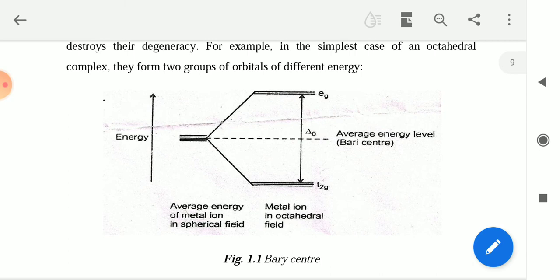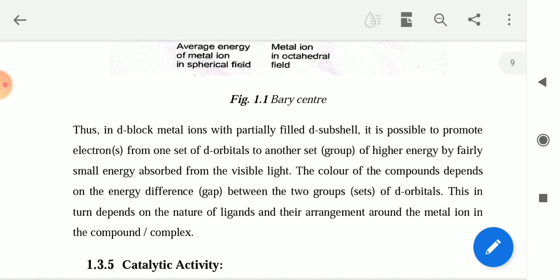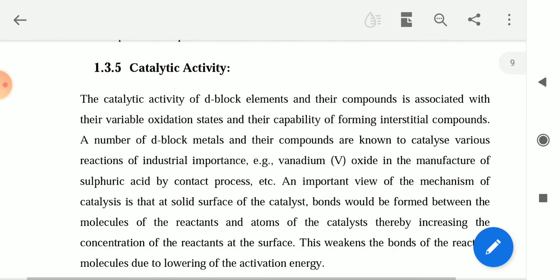Whenever the metal electron is present in the ground state and a photon interacts with it, the electron goes to the eg orbital, and we can see the spectra for this kind of molecules.